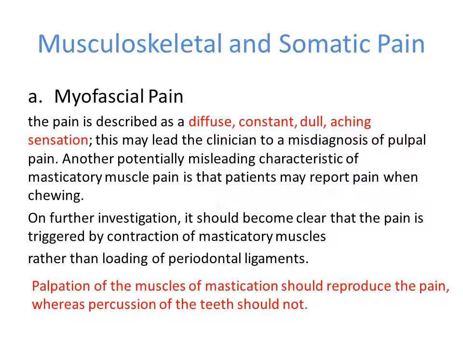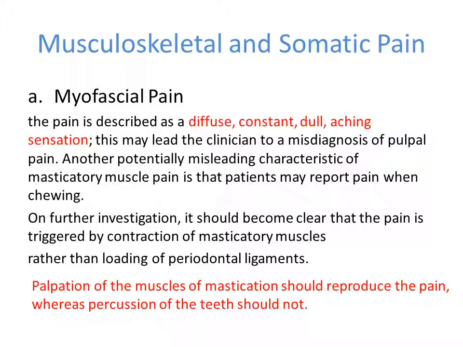The musculoskeletal one and the somatic pain. This type of pain mostly is diffused, constant, dull, aching sensation. Such a pain, the dentist might misdiagnose as a pulpal pain. Another misleading symptom is when the patient tells you that he has some pain on chewing.